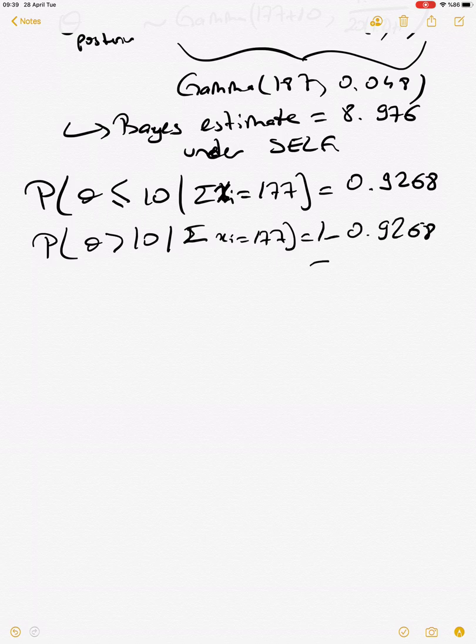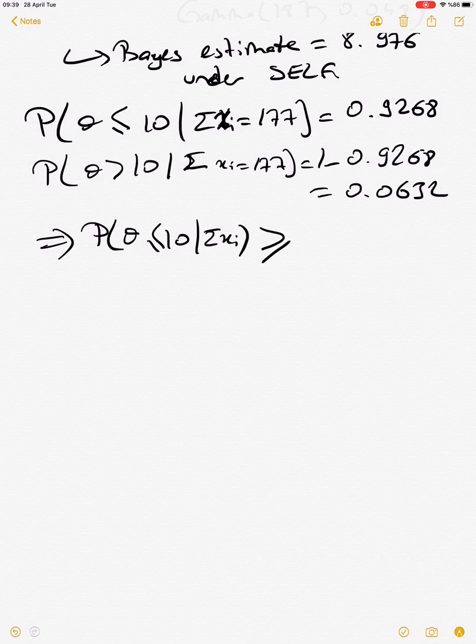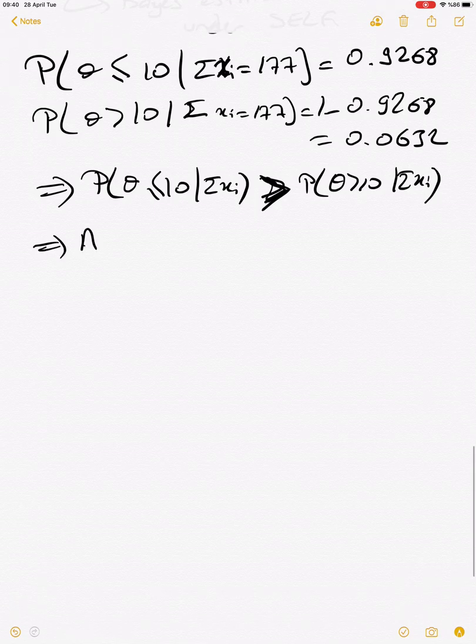You don't have to calculate actually, but let's find it. So the probability that theta is greater than 10 given summation xi is larger, which means that we need to accept H0.